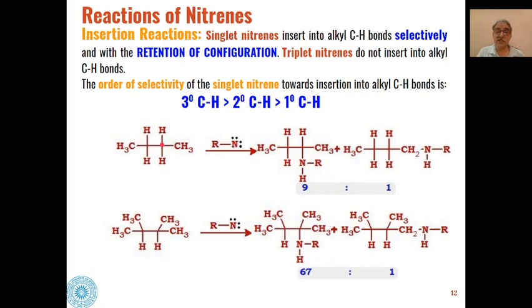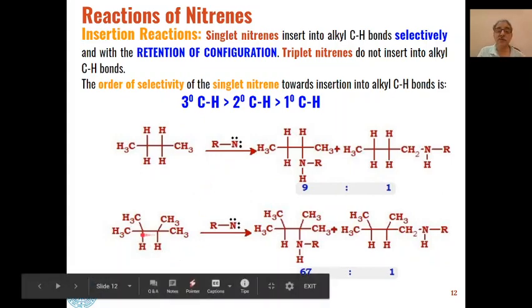This is a secondary carbon hydrogen bond, whereas this bond will be a primary carbon hydrogen bond. You can see over here the ratio of the product formed is 9 to 1. Insertion at the secondary carbon hydrogen bond is 9 times more as compared to insertion at the primary position, that is, the carbon hydrogen bond at this terminal carbon.